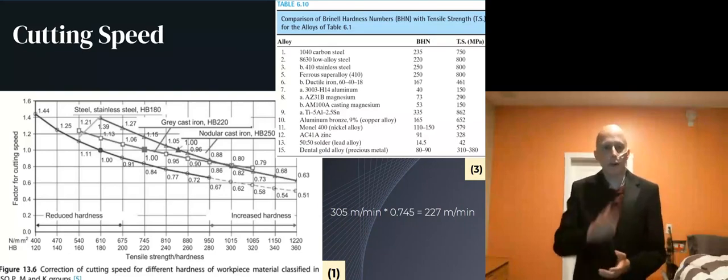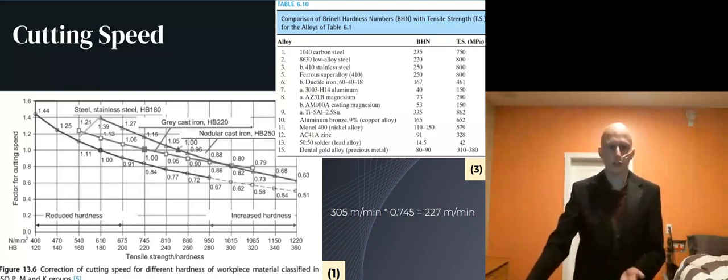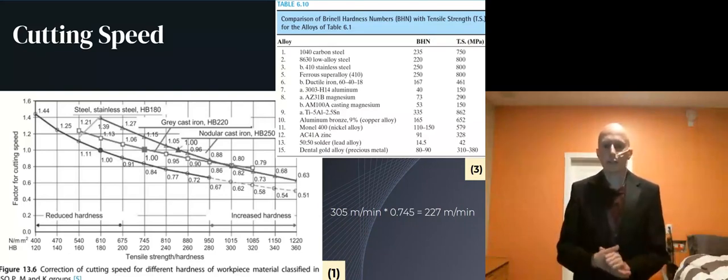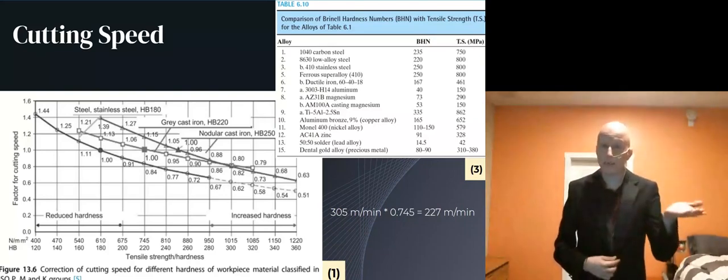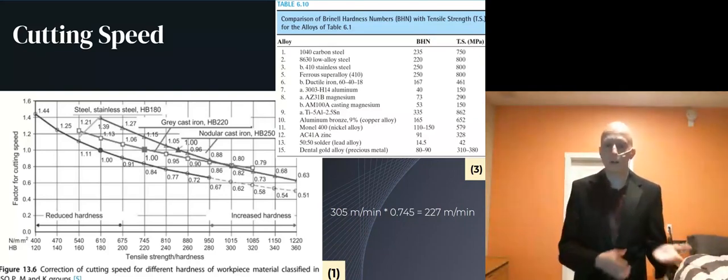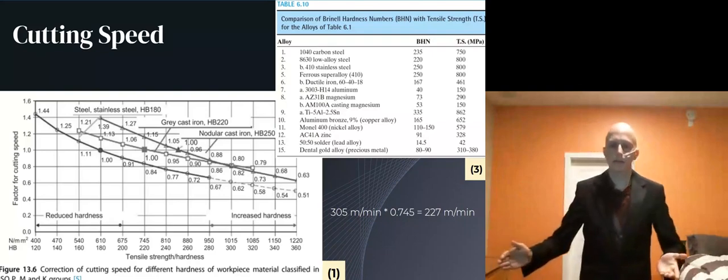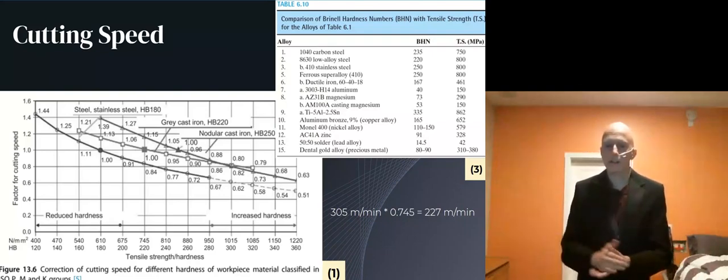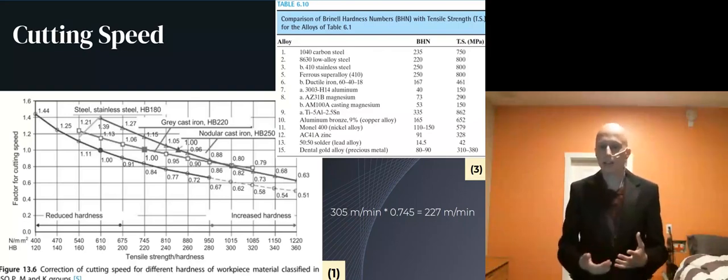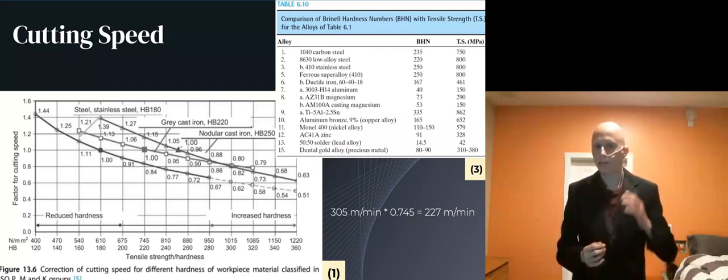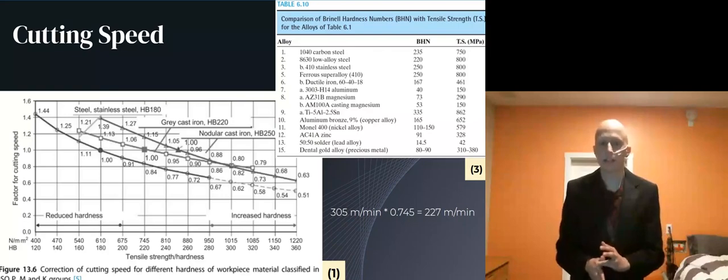Then, following a recorded trend line of decreasing factor of cutting speed with an increasing amount of hardness, one can determine a cutting speed of any material in an ISO classification based on its new hardness value.